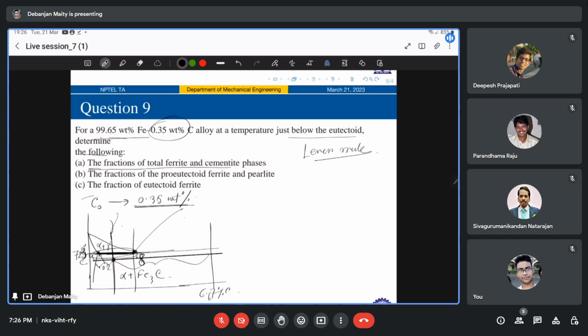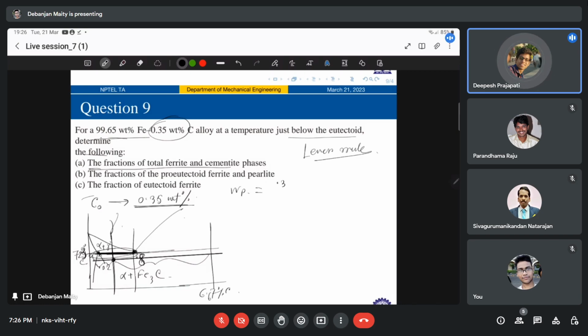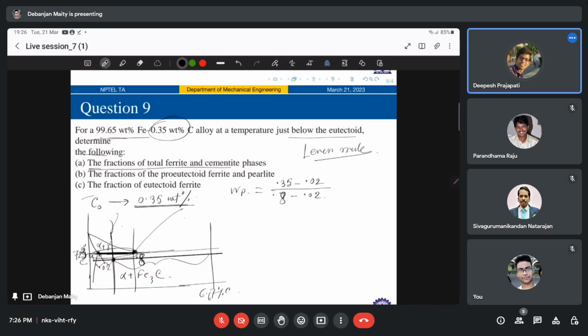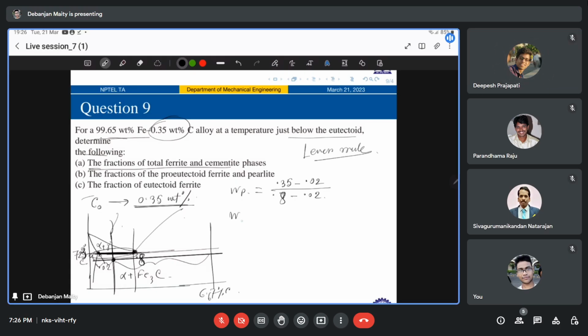So if you are using this one for pearlite, how much will it be? 0.35 minus 0.02, divided by 0.8 minus 0.02. And for your pro-eutectoid ferrite, which I'm denoting as alpha, this will be 0.8 minus 0.35, divided by 0.8 minus 0.02.